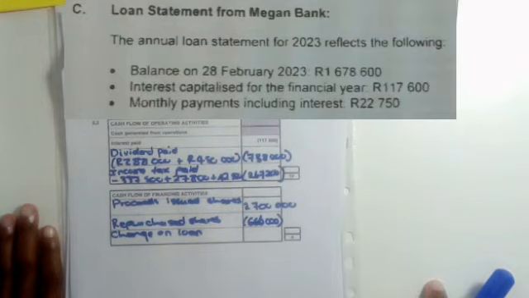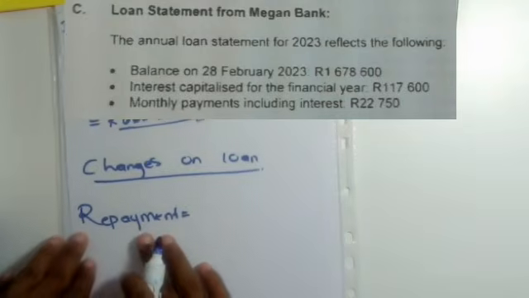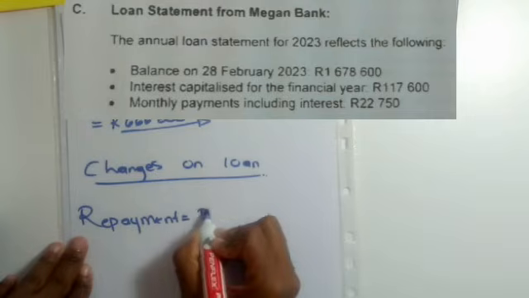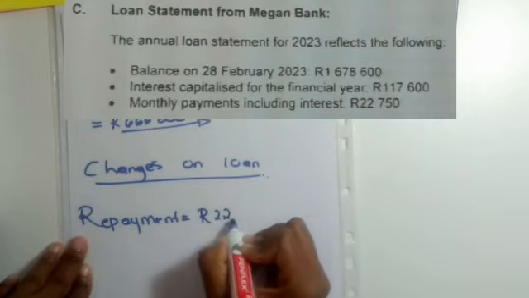So this is when we want to record the change on loan, we want to record the amount of loan that we have paid, meaning the cash that has left us. So the cash that has left us is those monthly payments. So these monthly repayments become our actual outflows.